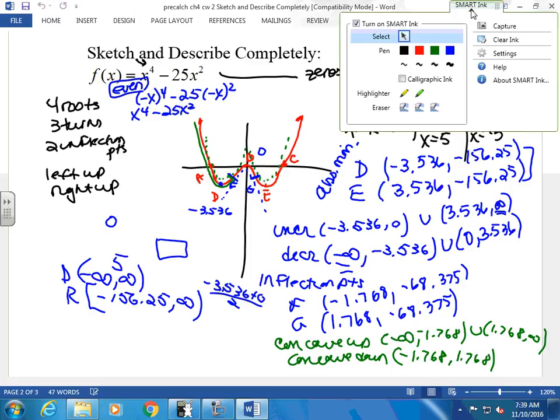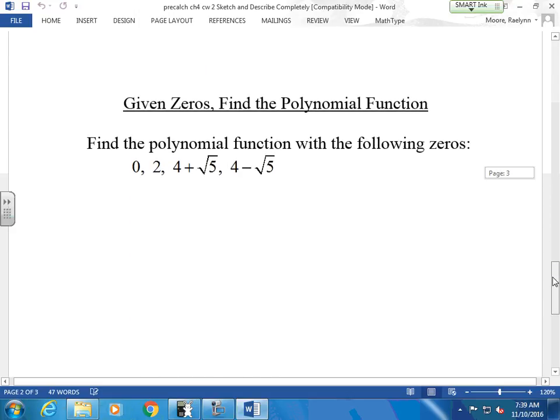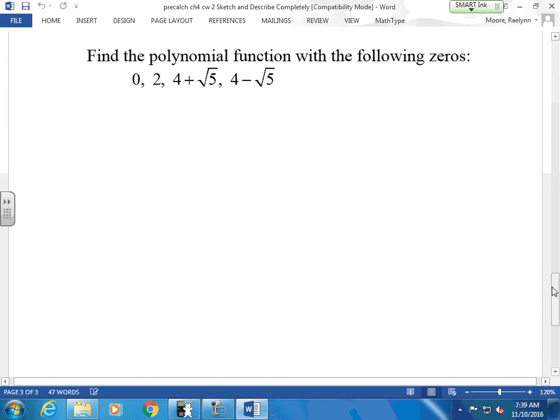Okay. Now, the next part. Before you panic about this, before you panic, hang on. I have a very basic quadratic. How do I find my roots to this very, very basic quadratic?